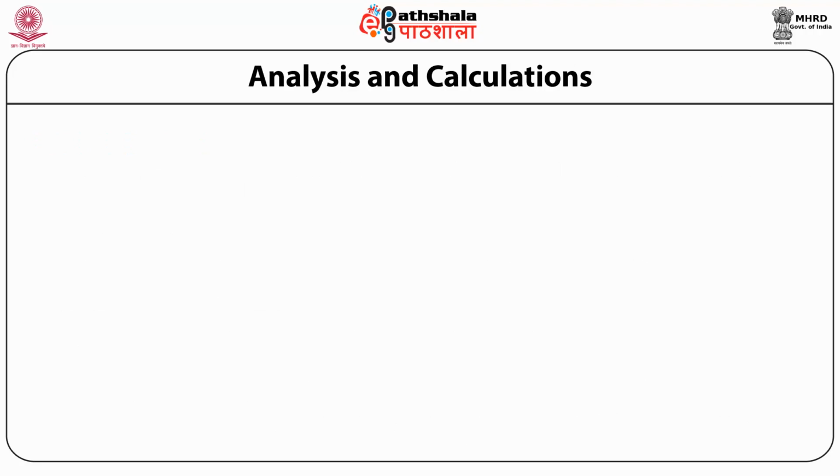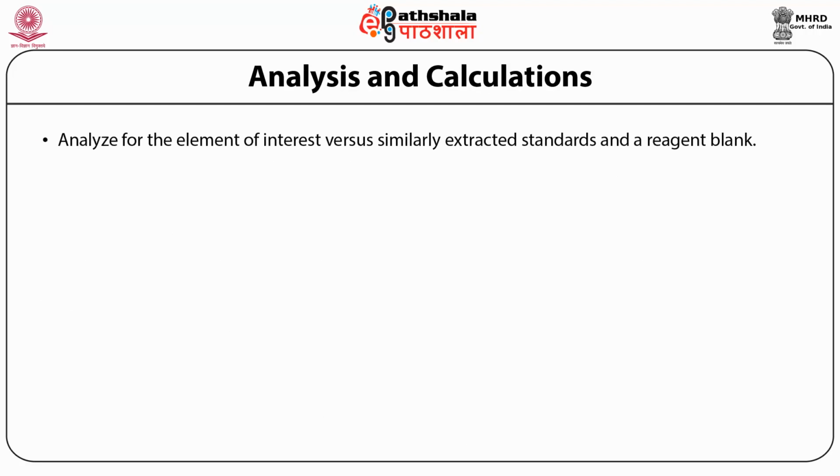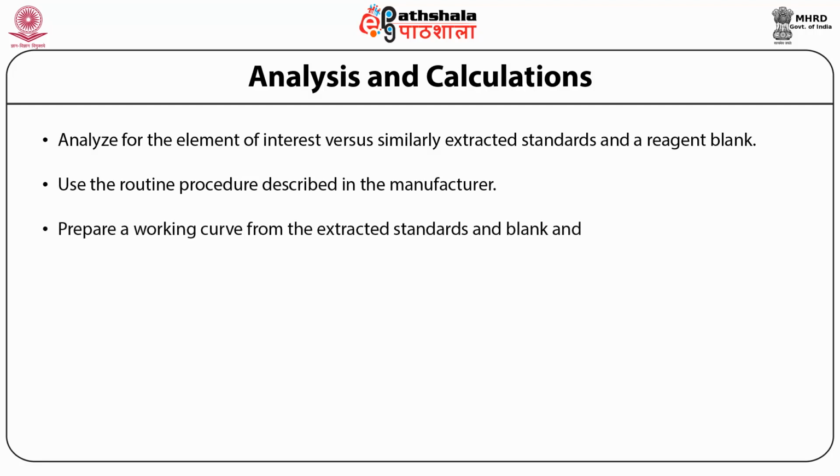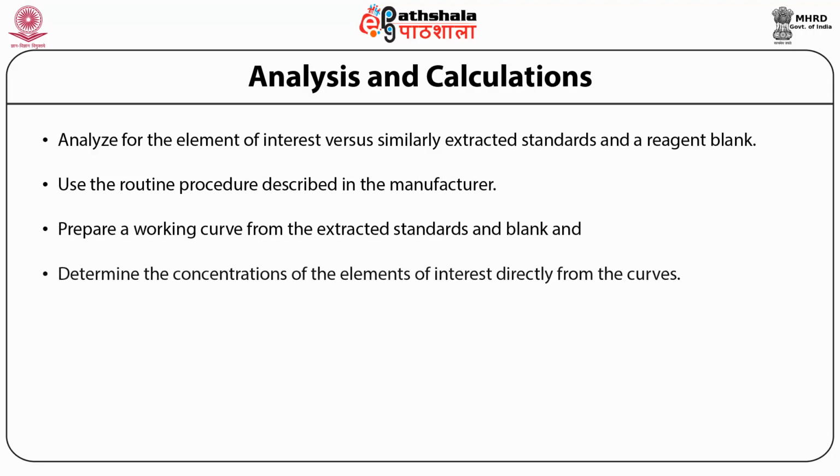The analysis and calculation of lead in soil: the analysis of the element of interest is done in similar fashion as for the extracted standard and reagent blank. The routine procedure described by the manufacturer is followed. A working curve is prepared from the extracted standard and blank, and the concentration of lead is determined directly from the calibration curve.